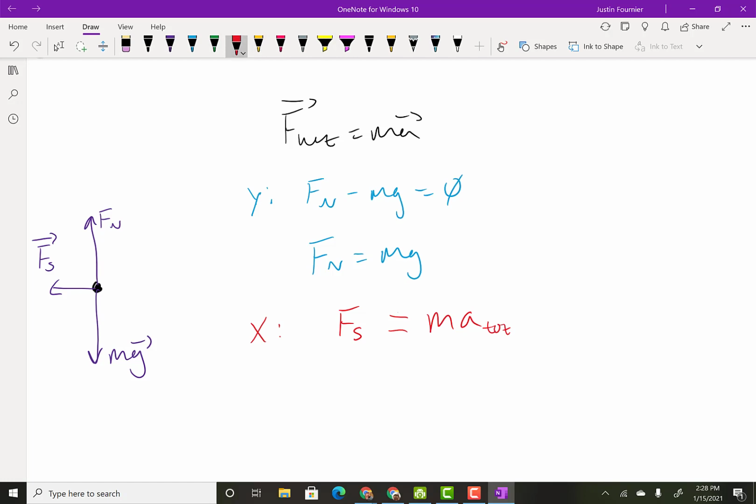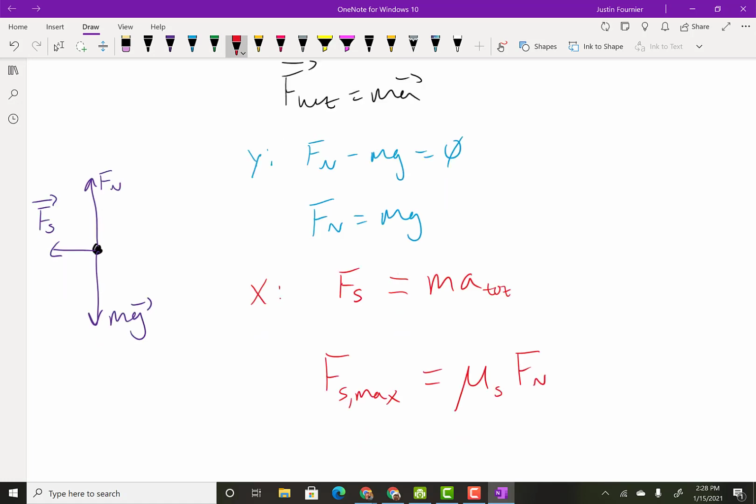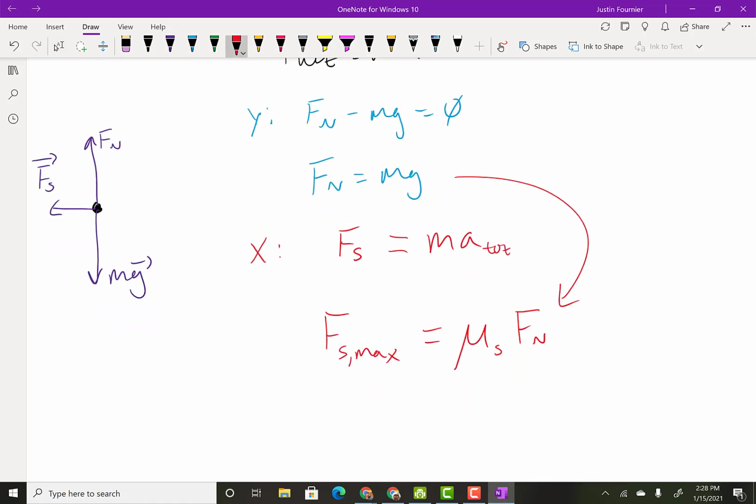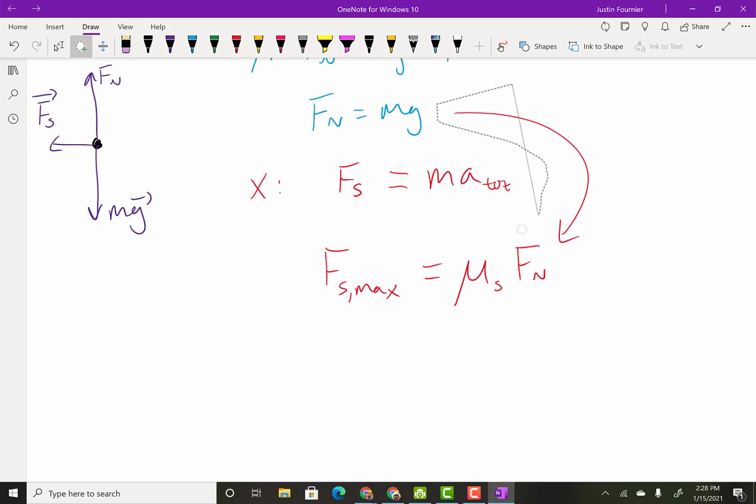Another way I can calculate Fs: Fs max I know is equal to the coefficient of static friction times the normal force, and we just said the normal force is equal to mg. Let me do this in a separate color.